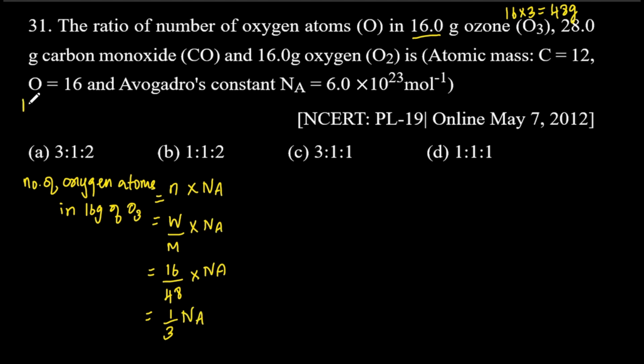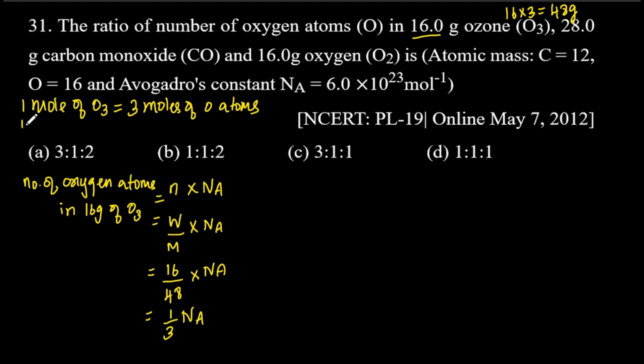We know that 1 mole of O3 contains how many oxygen atoms? 3 oxygen atoms are there. So it contains 3 moles of oxygen atoms. Here we got 1 by 3 moles of ozone.